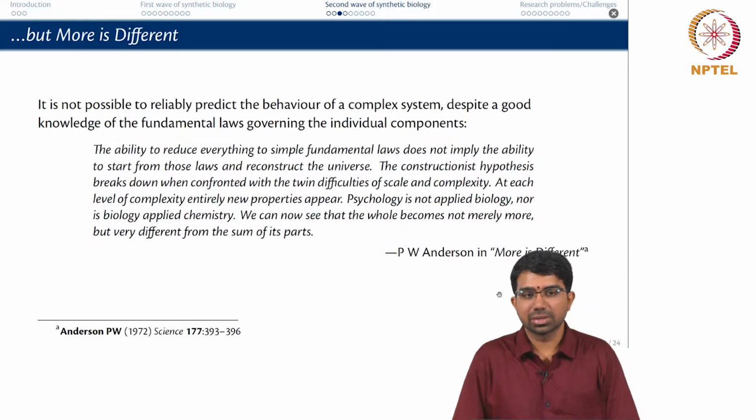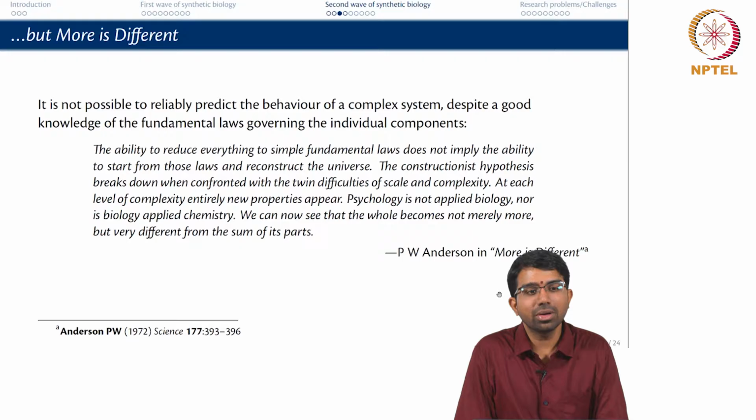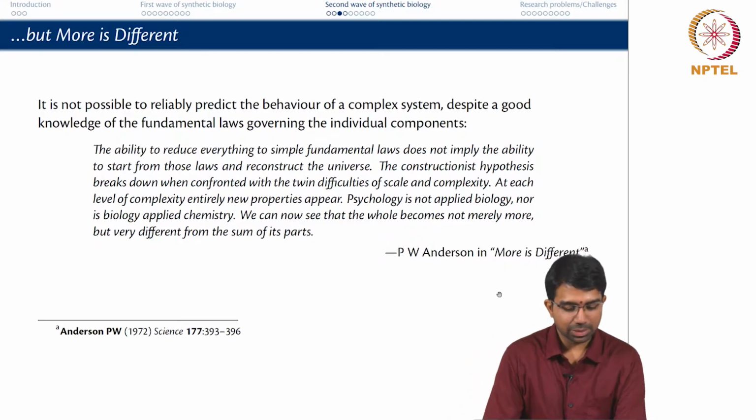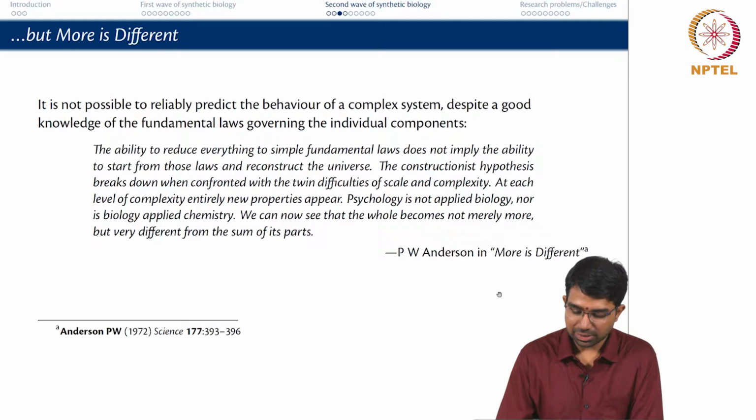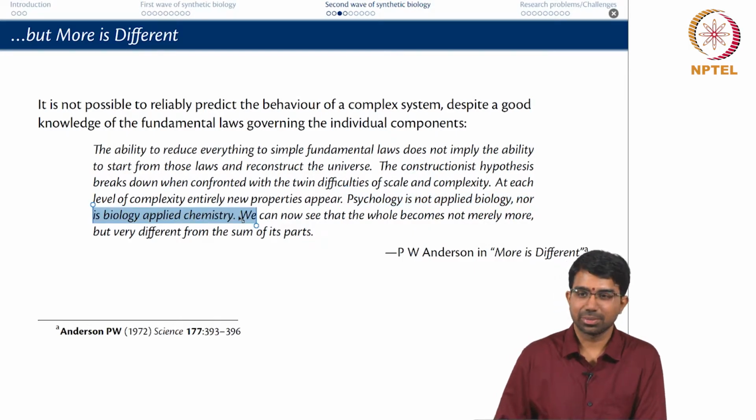But the problem here is, this is something I probably showed you in the very first lecture of the course, more is different. So, this was Anderson in 1972, a Nobel laureate who saw things way before others did. So, he said psychology is not applied biology, nor is biology just applied chemistry, right.